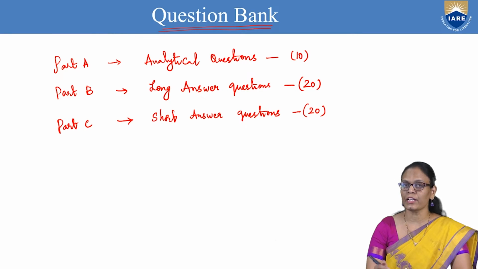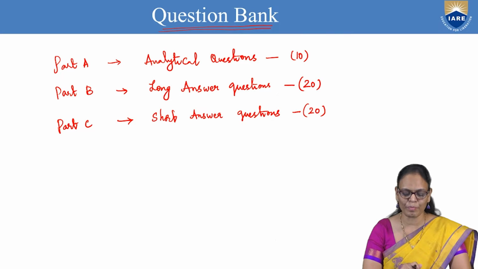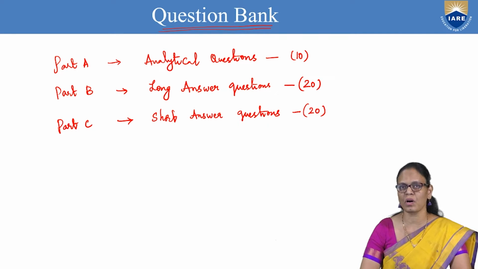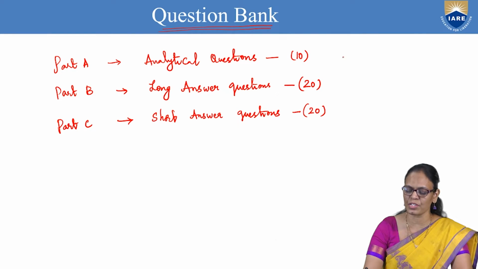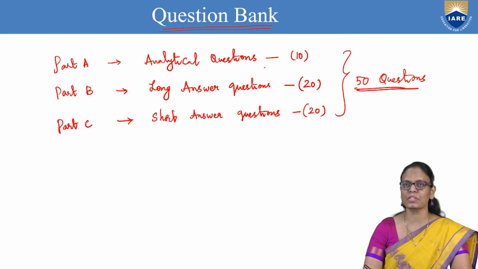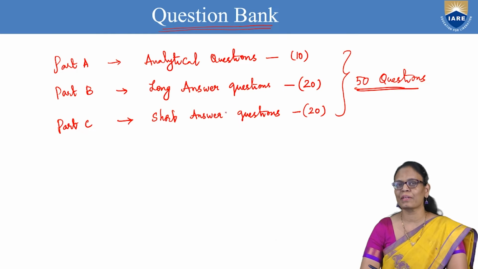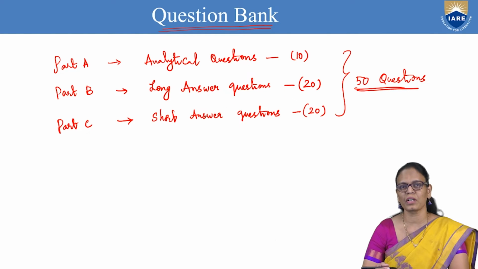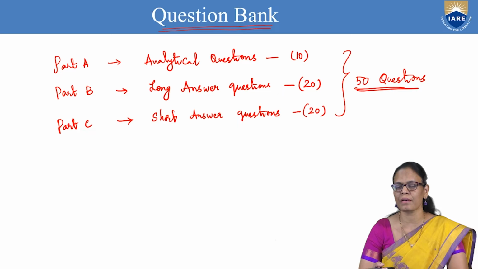The CIE 2 marks theory question will be mostly from this part C. So we have short answer questions, long answer questions and analytical questions. In total there will be 50 questions from each module in the question bank. If you go through the question bank and have clarity about the type of questions asked, it will be very easy to attempt your CIE or SEE exams and score very good marks.